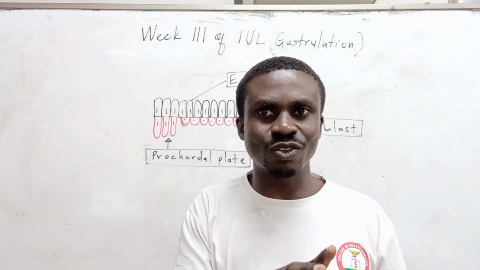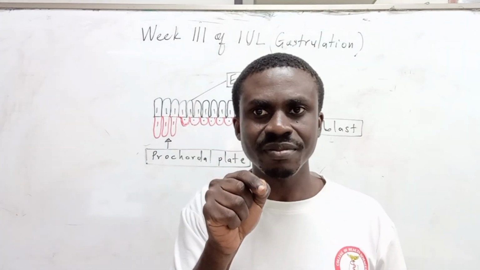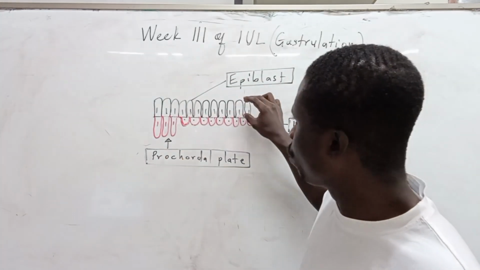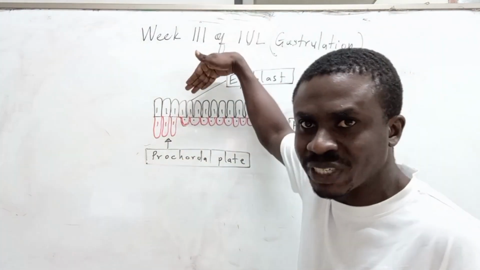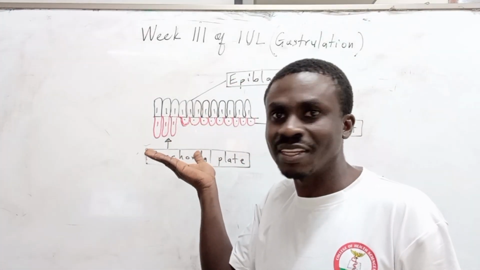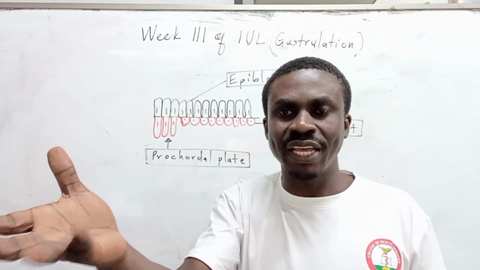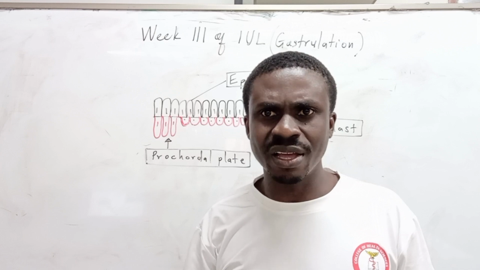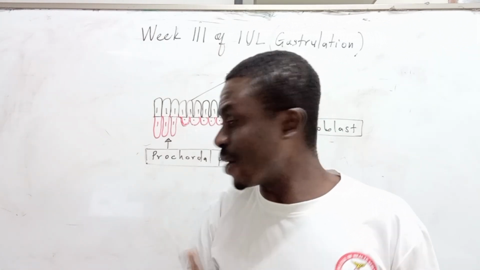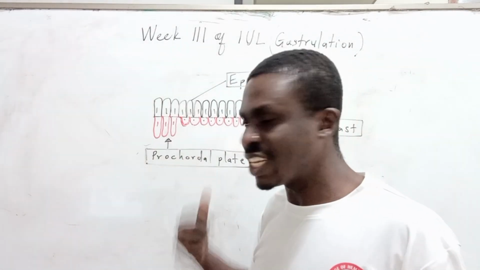Now please try and understand this one for us. This becomes the cranial end of the embryo. Already, one thing we know is that the epiblasts are the dorsal aspects of the embryo, hypoblasts are the ventral aspects. But we are talking about the cranial, the head end of the embryo, and then the tail end of the embryo will be decided by this procaudal plate.